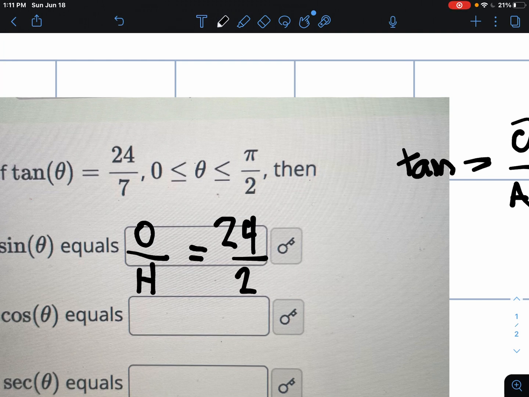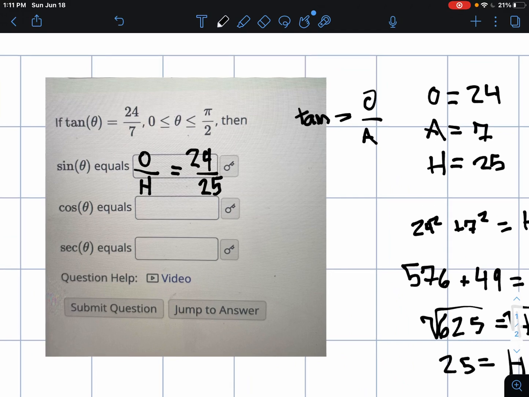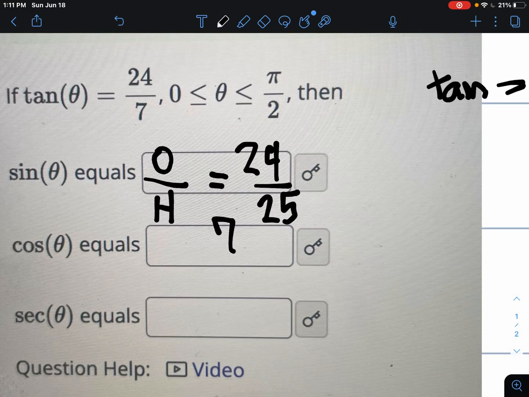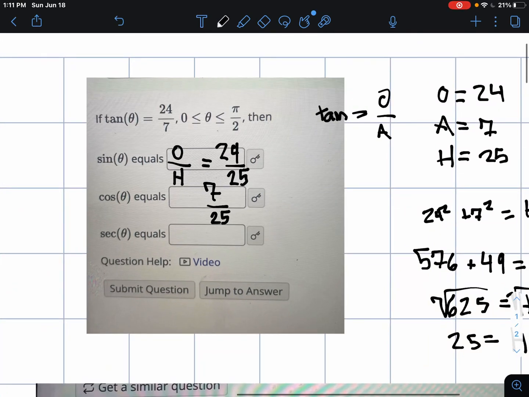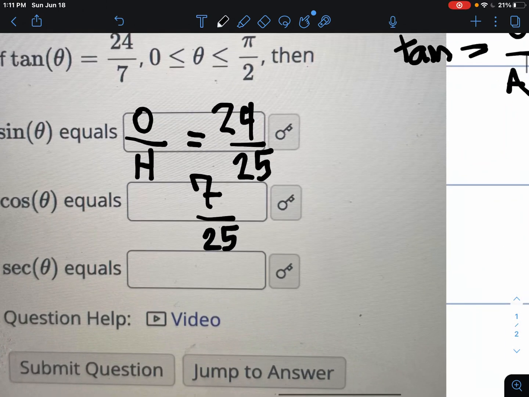And then cosine is adjacent over hypotenuse, so that would give us 7 over 25. Secant, I think, is hypotenuse over adjacent, so that would be 25 over 7. And those are our answers.